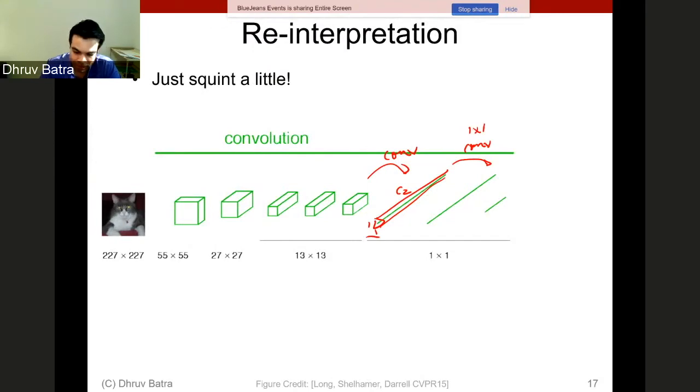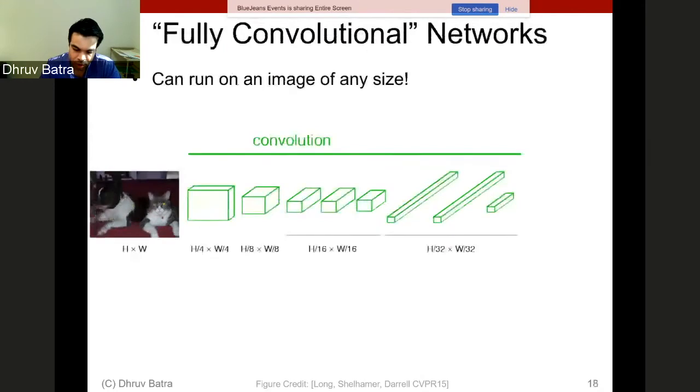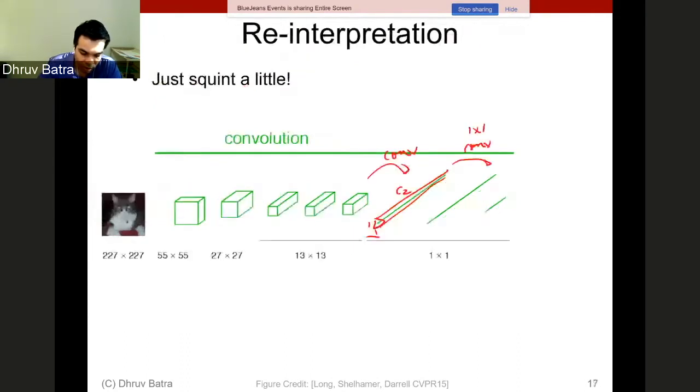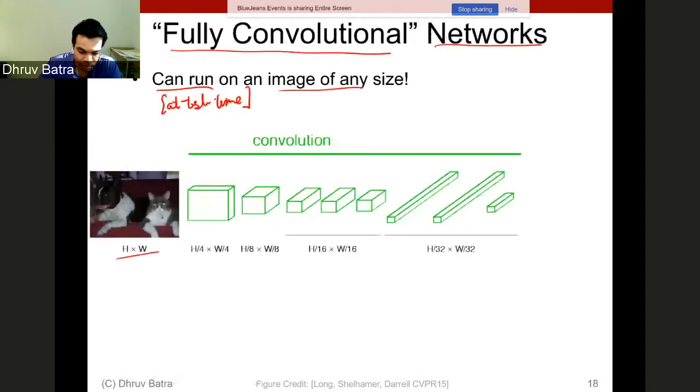So if the entire thing is a convolution, this is a fully convolutional network. It can run at test time on an image of any size. So you can train it on all 227 by 227 images with this particular setting of tensors expected, with this 1 by 1 output and a classification loss. But at test time, you can run it on arbitrary H by W images.